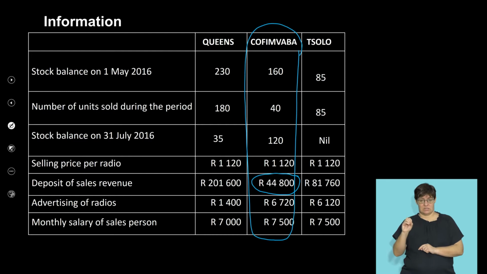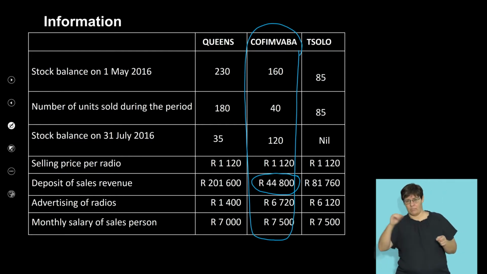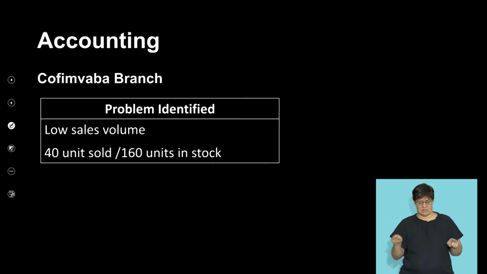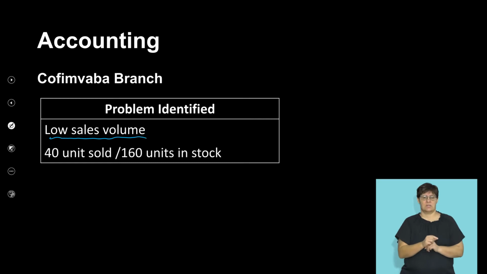Once again, compare it to other branches. Looking at Queens, it's 201,600, and if you're looking at Solo, it's 81,760. So clearly, we have identified as our problem our low sales volume.